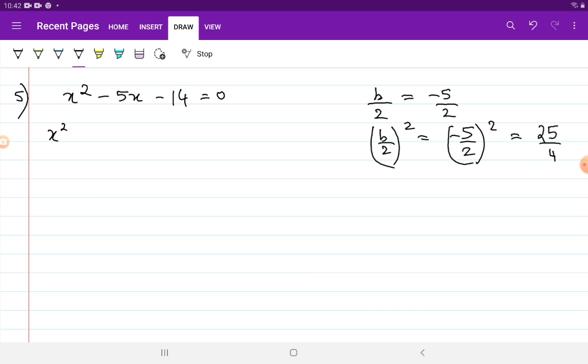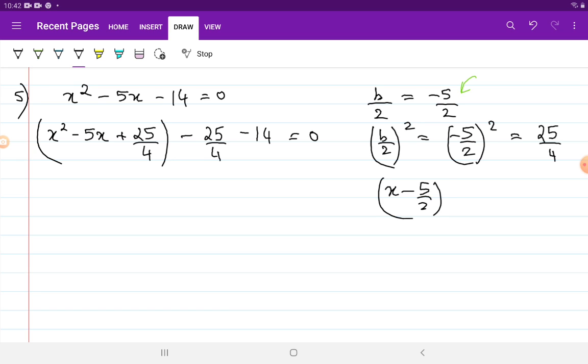So x square minus 5x plus 25 by 4 minus 25 by 4 minus 14 equal to 0. Now this will be nothing but x minus 5 by 2 whole square. Let's confirm this using our formula.